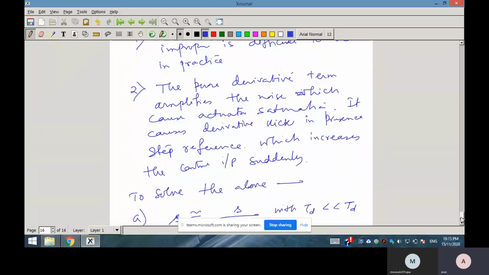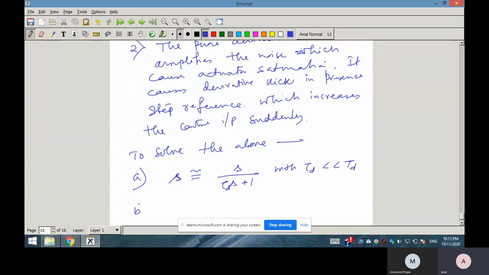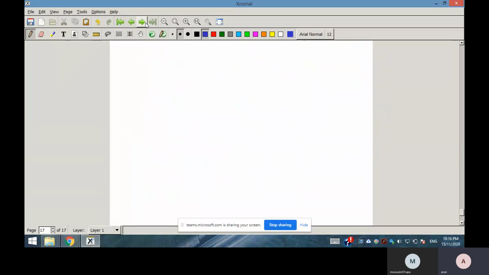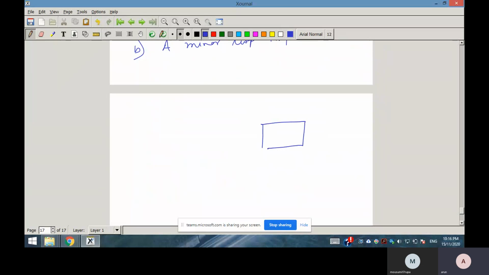Secondly, you can avoid it by minor loop implementation. Minor loop implementation is just that the derivative part you will put in the feedback side. So this is your plant G(s), and this is your KP, and this is your KI by s.